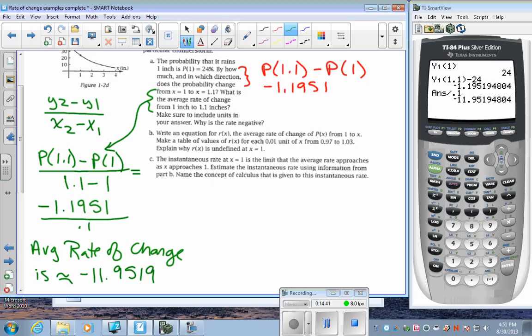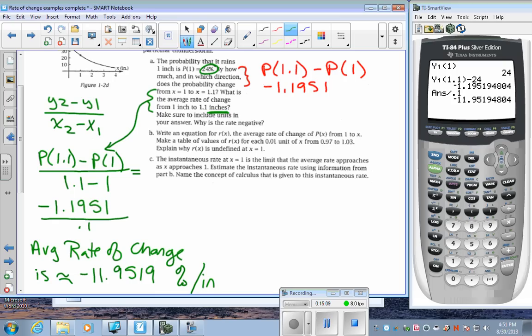So the y value was probability, and we decided the units for probability, again written right here, is in percent. And we were dividing by the x values, and the units for those were inches. So I have negative 11.9519% per inch is the average rate of change from x is 1 to 1.1.